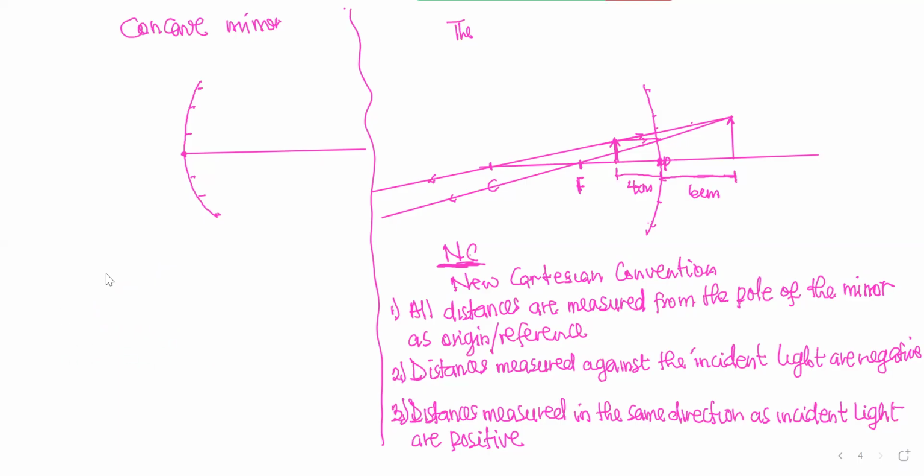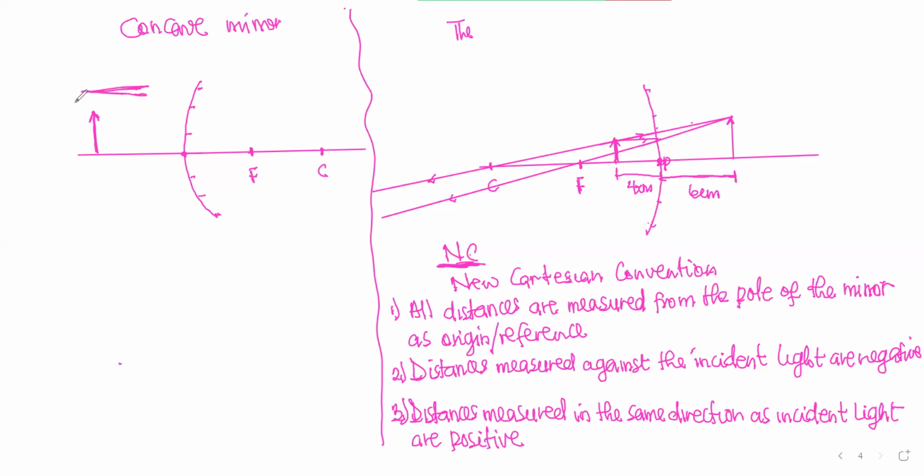So for convex, you see, its principal focus is here. Center of curvature is here. Object is always placed in front of the mirror, at the place where the reflecting surface is. So look at the direction of the incident light.